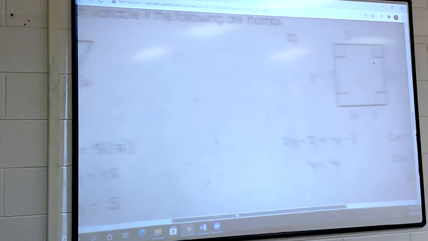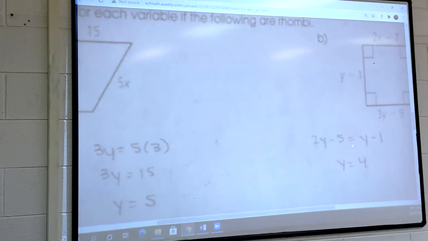So step 1 in B is to pick two of the sides that have y and set them equal so we can find what y is. For instance, they did 2y minus 5 equals y minus 1.